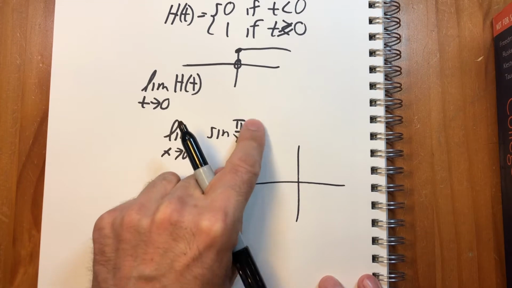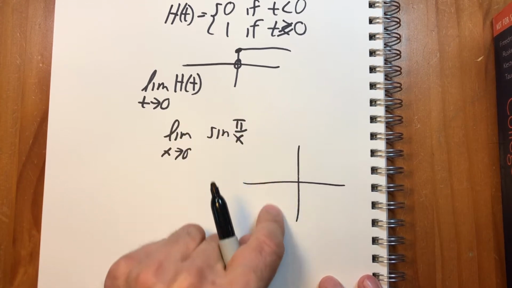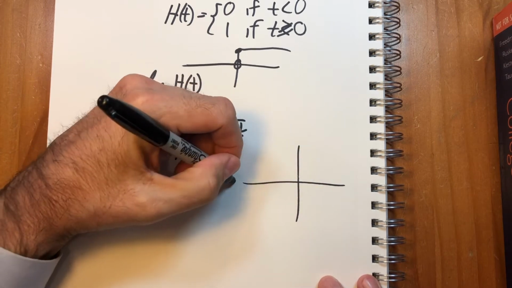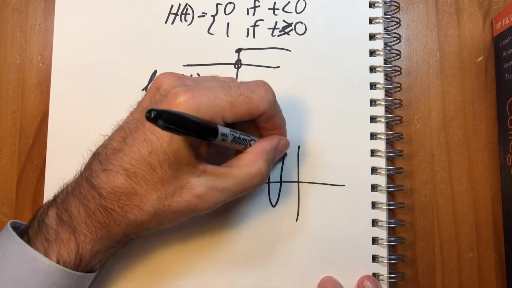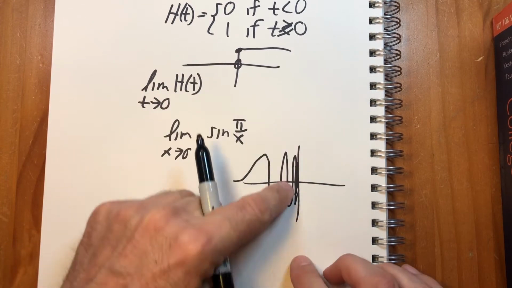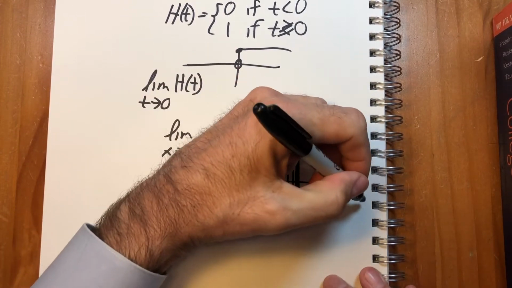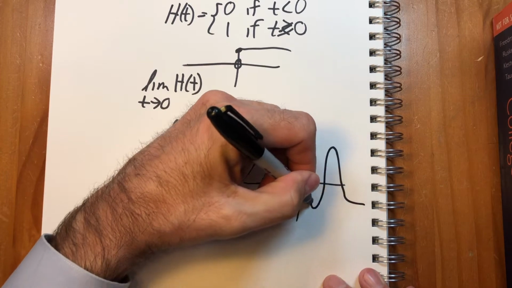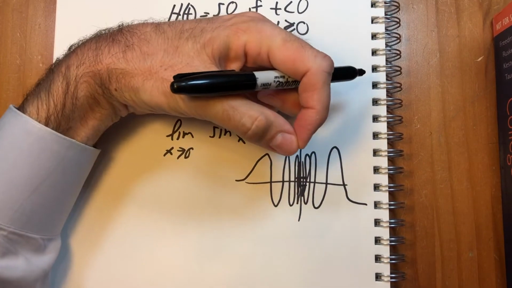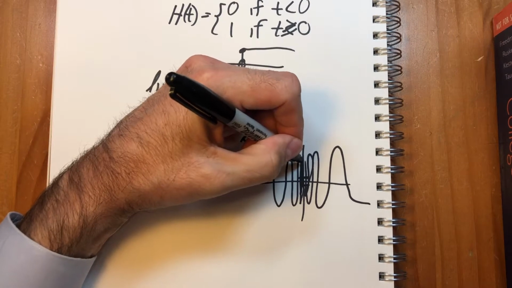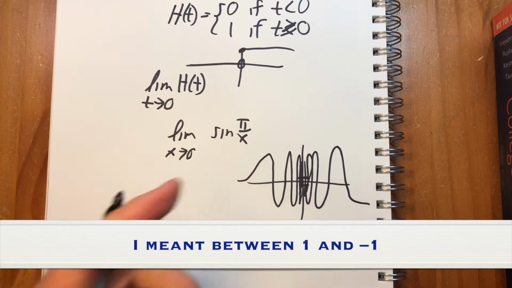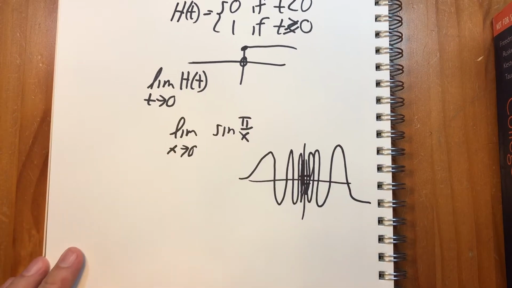And as this number gets bigger, sine goes up and down. So as this gets closer and closer to 0, this function just starts waving wildly without ever landing on a number. Coming this way, it does the same thing, and it just goes faster and faster as we get to 0. But no matter how close to 0 you get, it's always going to have every value between 0 and 1. So again, the limit here doesn't exist because you cannot narrow it down to a single point.